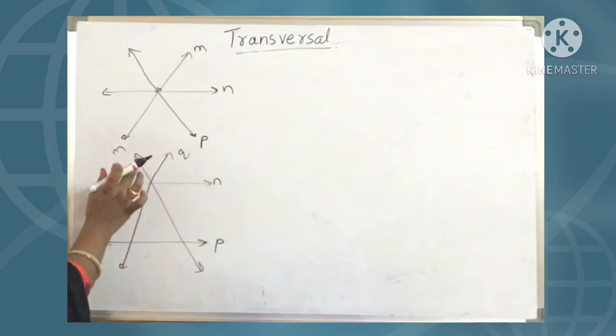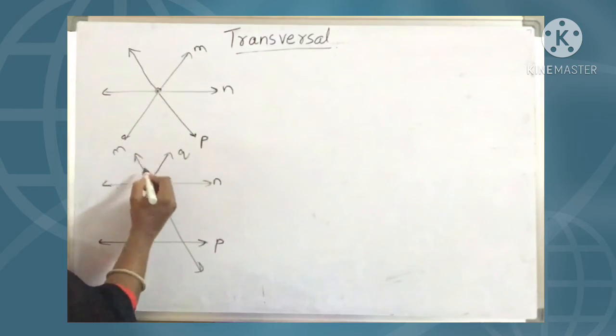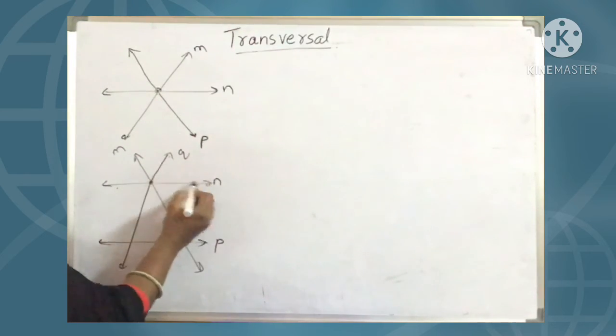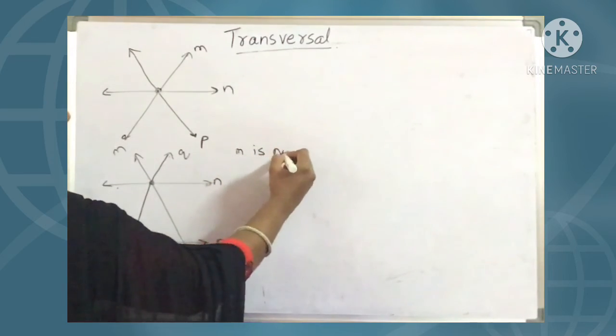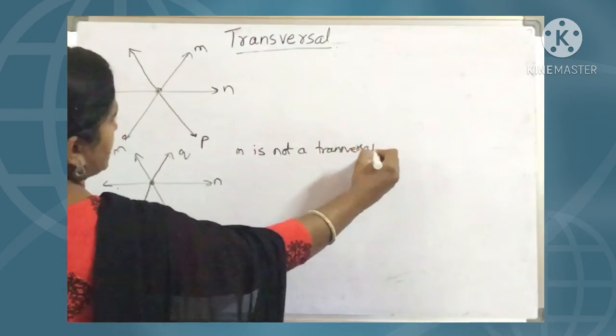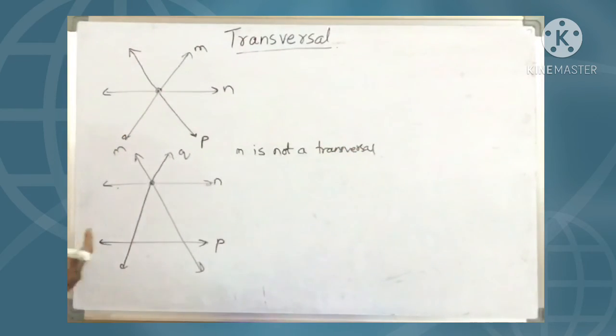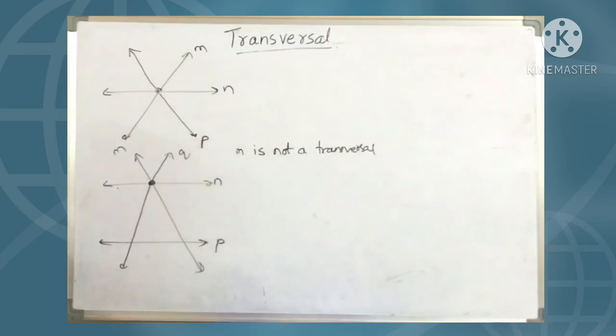No, because M does not intersect the lines at different points. If you observe, M is intersecting Q and N at the same point. Here M is not a transversal in both the figures, right? It is intersecting at the same point. So a transversal is nothing but a line which intersects two or more lines at different points.